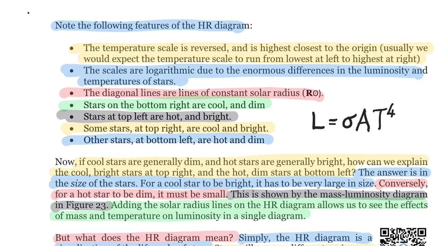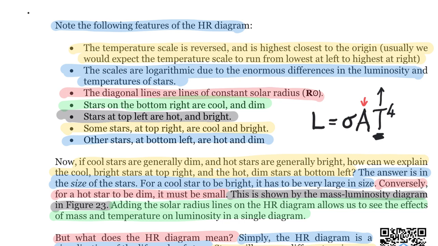So the temperature plays a major role. So if you have a very hot star, then this value is going to be very big, which means that the area is going to have to be very small.